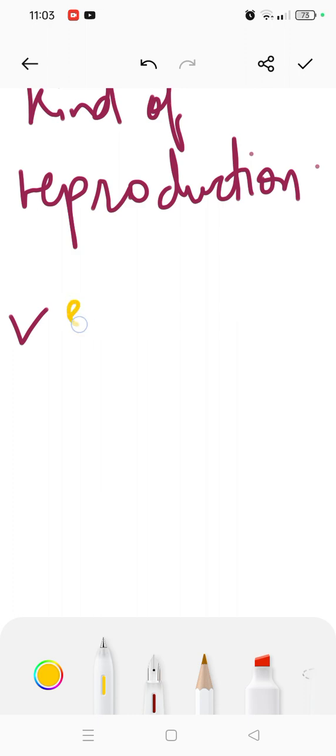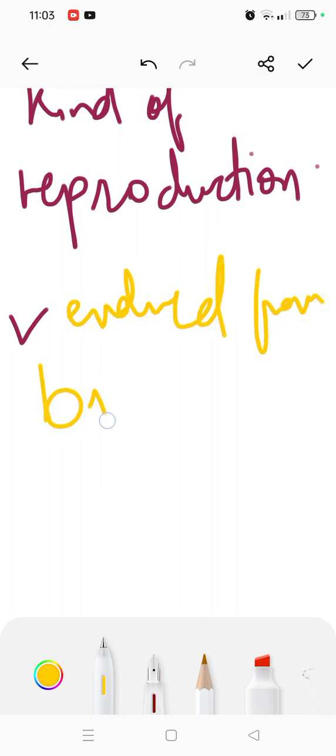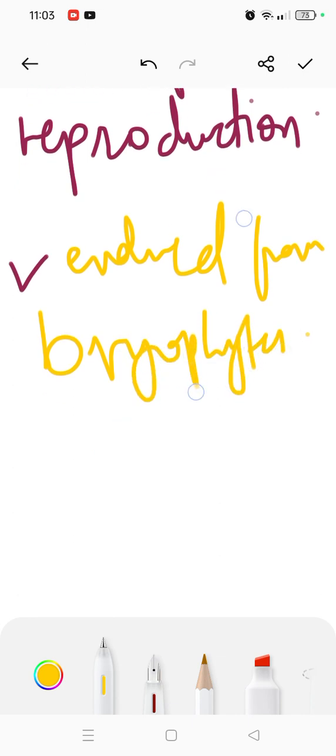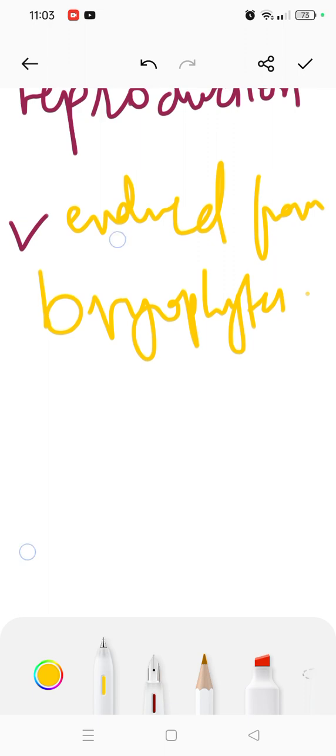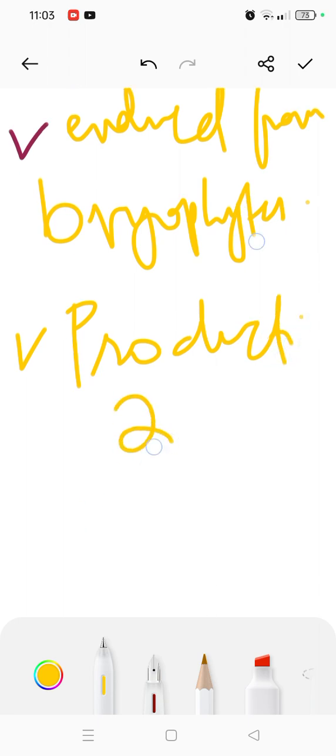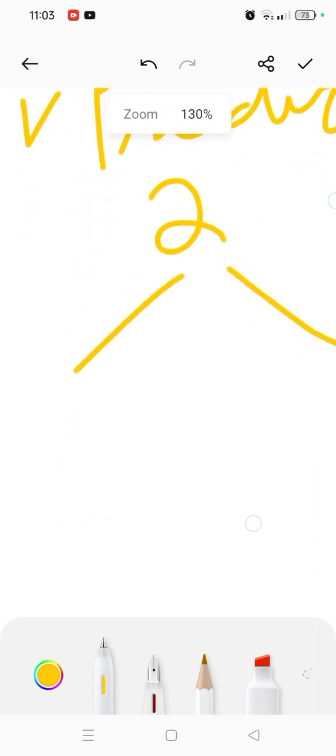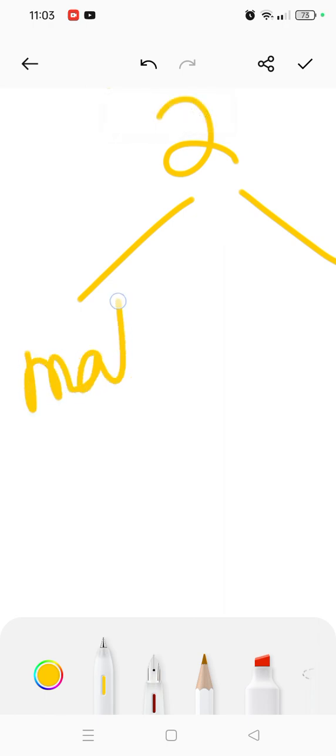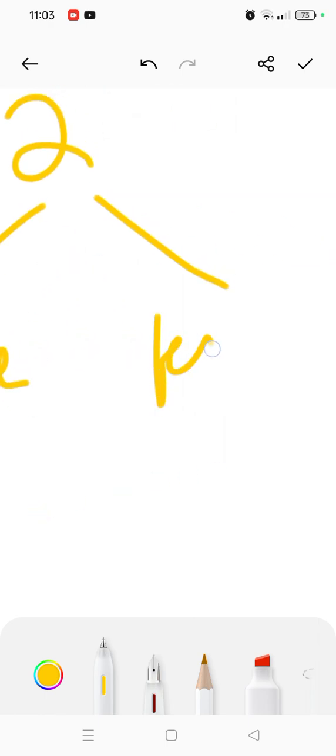It is defined as the production of two different types of gametes. One is male, the second is female.